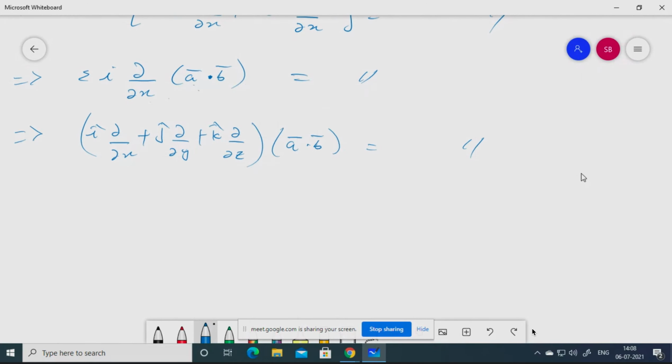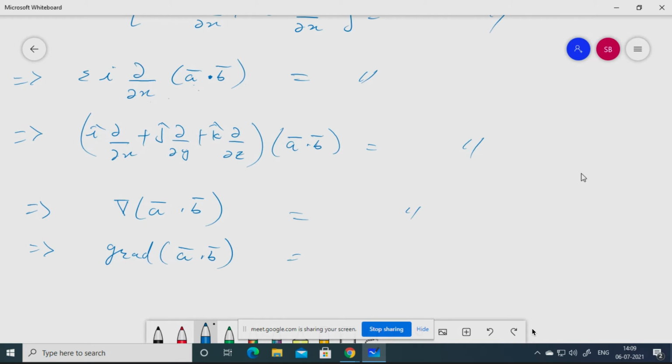This is nothing but the operator del applied on A bar dot B bar, or you can say gradient of something. Is it or not? This is nothing but gradient of a scalar function.